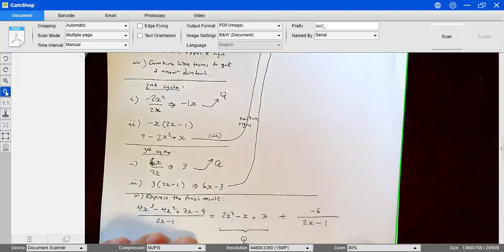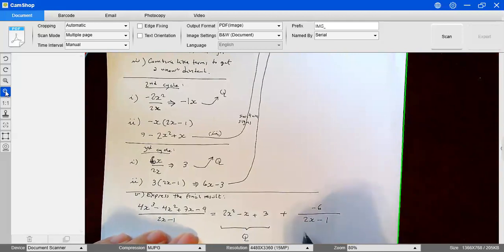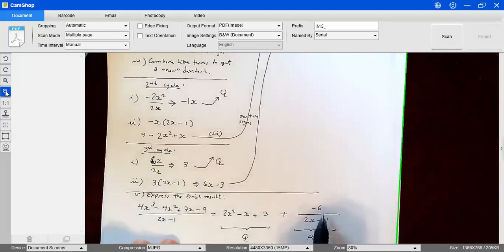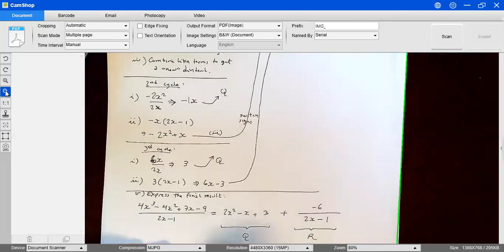So this is the final answer. The best way to write the remainder is negative 6 over the divisor, so we need to write the divisor.